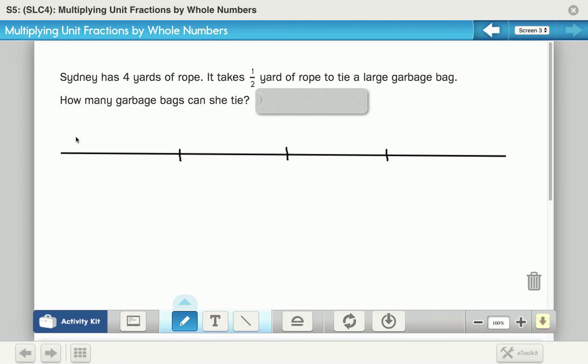It takes half of a yard to do a garbage bag. So here's 1 garbage bag. Here's 2 garbage bags. We split this one. Here's 3 garbage bags. 4, 5, 6, 7, 8. For every yard, she can do 2 of them. So she'd actually be able to tie 8 garbage bags with her 4 yards of rope.